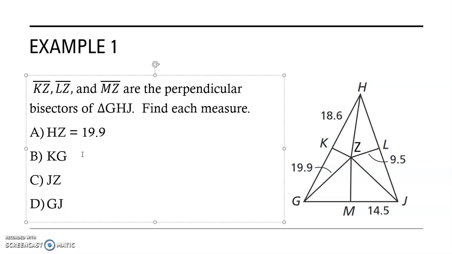Next, they wanted KG. KG is part of the outer segment of a triangle. It's the edge of the triangle, but it's only part of it. So remember, KZ is a perpendicular bisector, which means that this edge, HG, is cut in half. So if this side is 18.6, then this side is going to be 18.6.